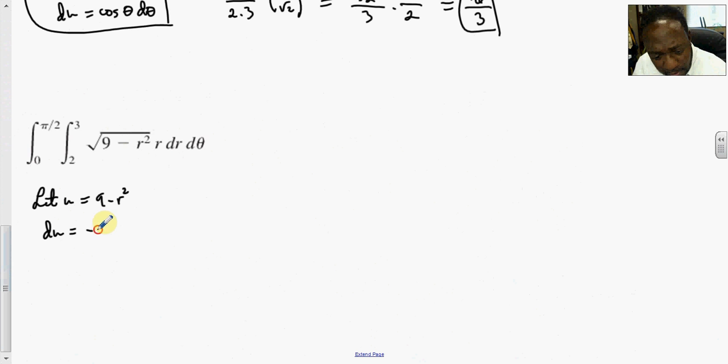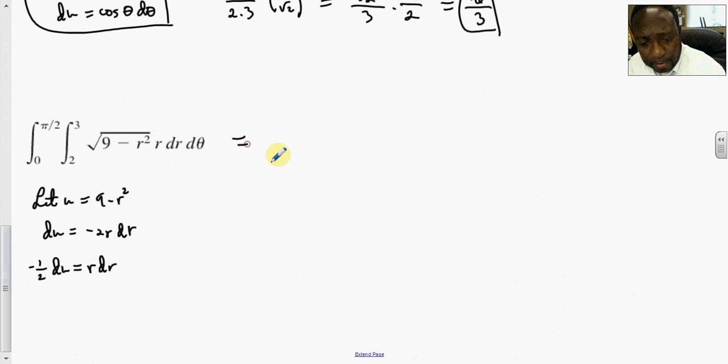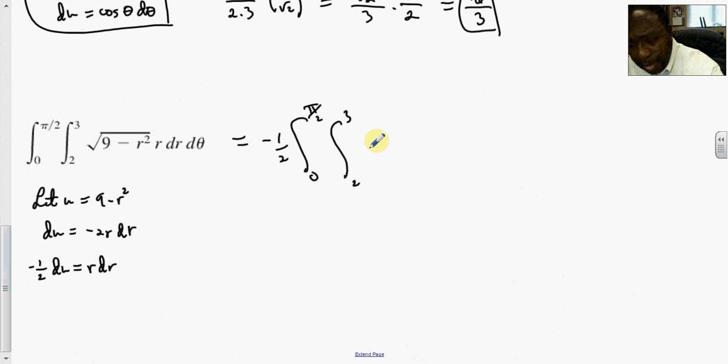And du picks up negative 2r dr. So we have an r dr outside, so negative 1/2 du picks up the r dr. So we use that, put the negative 1/2 out front, the integral from 0 to pi over 2, integral from 2 to 3. And this is the square root of u, and du, and then out here, d theta.